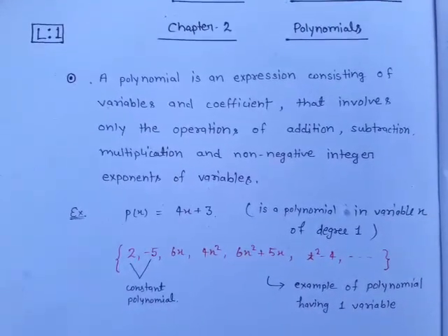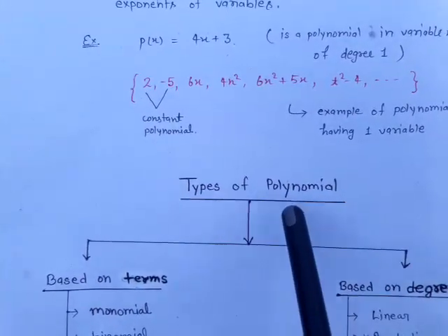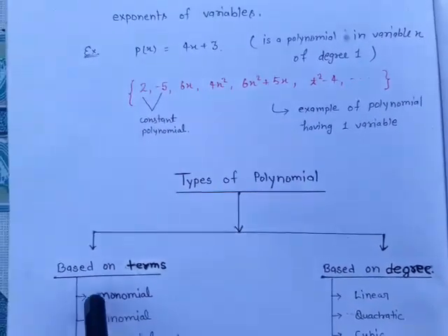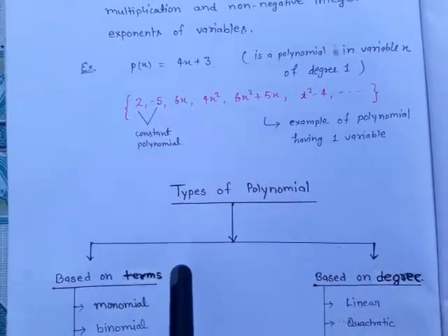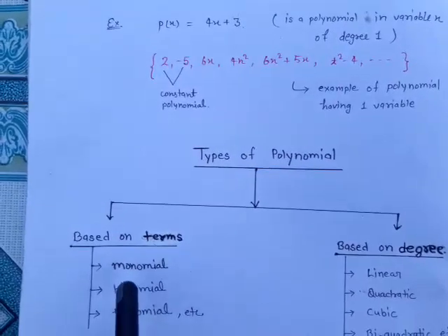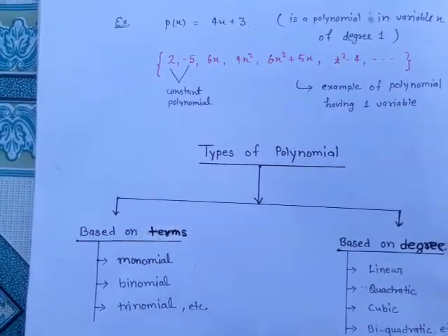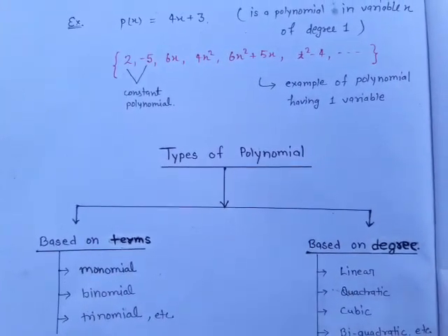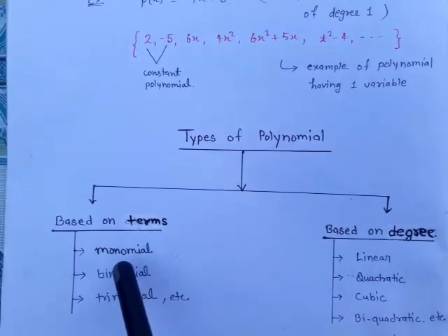Now we discuss some types of polynomial. We define types of polynomial based on two categories: based on terms and based on degree. Based on terms they are divided as monomials, binomials, trinomials, etc. And based on degree they are divided as linear, quadratic, cubic, biquadratic, etc. What is a monomial?